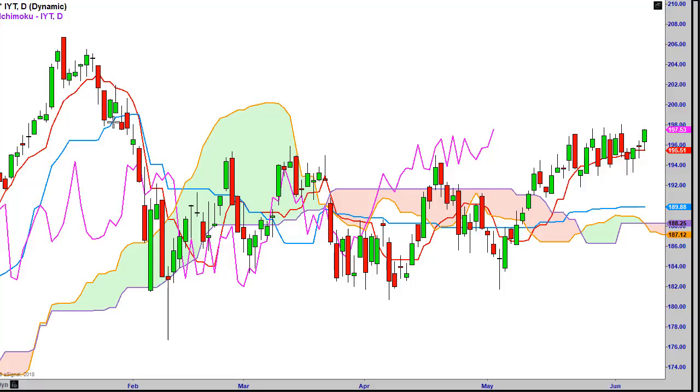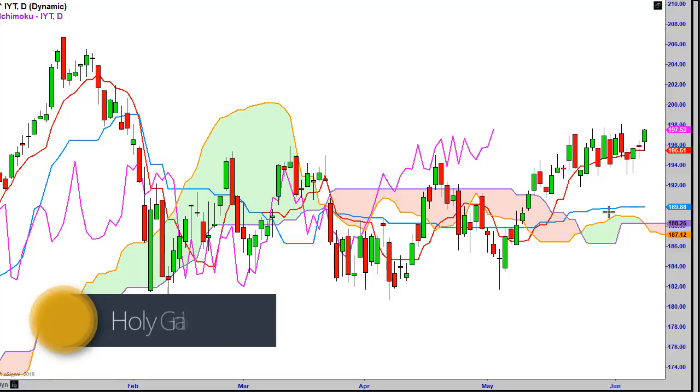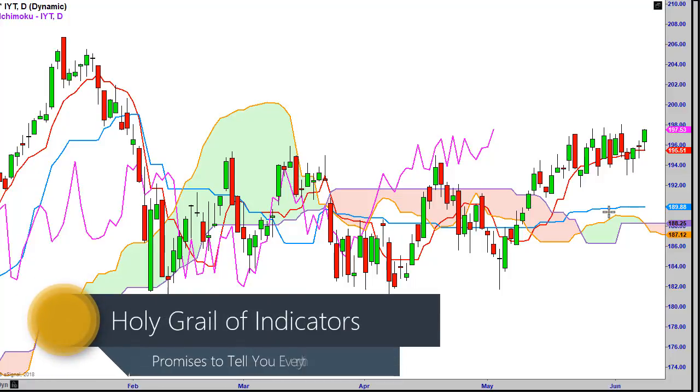So you've got a combination or hodgepodge of different things which produce a cloud. So it's called a positive cloud and a negative cloud, and different trends that are happening and where it's supposed to pull back to, that is supposed to provide you with the proper entry points and buy and sell signals. Are you confused?